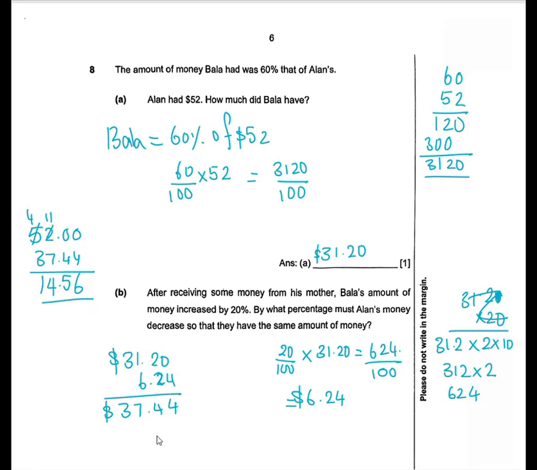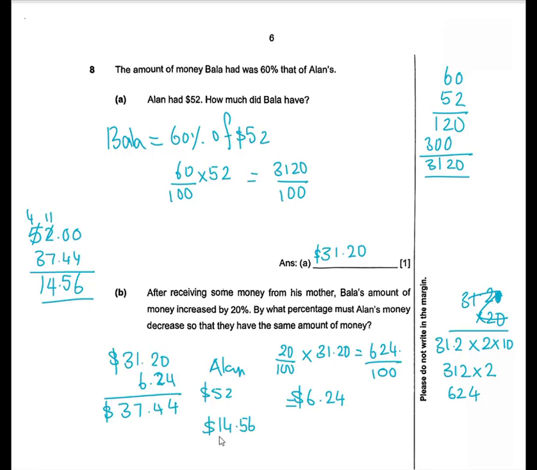Now, how much money does Alan have to decrease? That is $14.56. That is the amount of money that should be taken away from $52. This is for Alan. So we should take away 14.56 so that from 52 he can come back to 37.44, so that the money he has will be equal to the amount of money Bala has now.